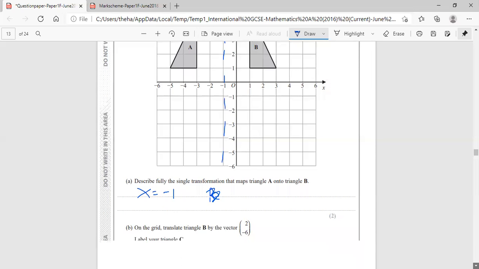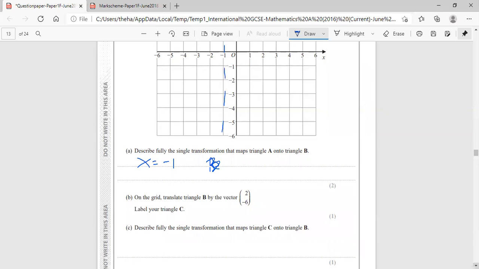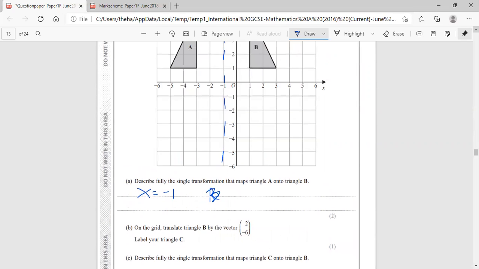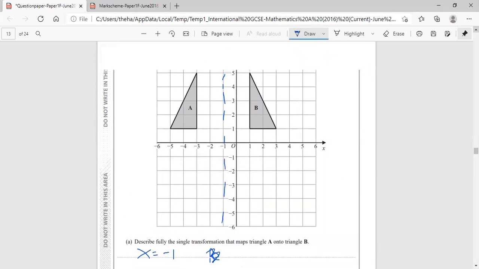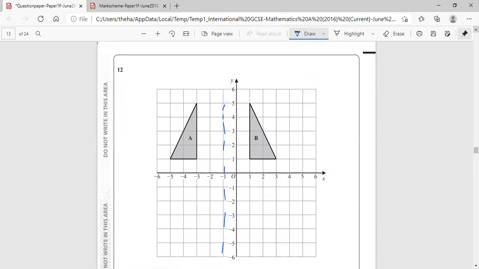Part B: on your grid, translate triangle B by the vector (2, -6). So we're looking at triangle B here. First of all, I'm going to look at the top point first.